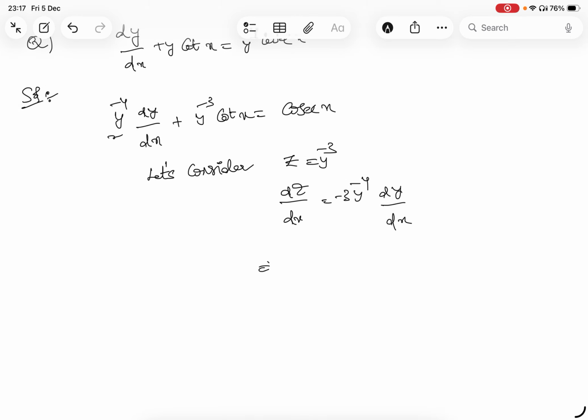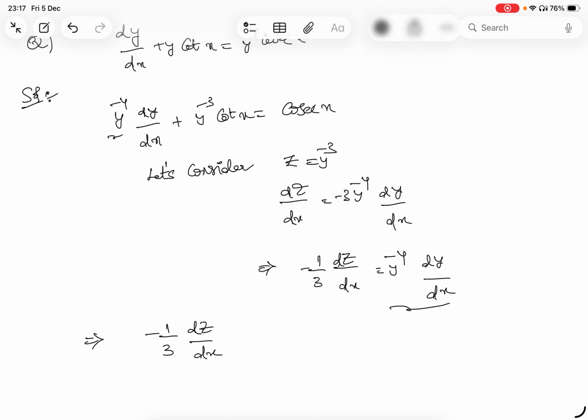That is minus 1 by 3 dz by dx equal to y power minus 4 dy by dx. Now let's substitute this y power minus 4 dy by dx in the differential equation, which is minus 1 by 3 dz by dx plus y power minus 3, which is z, into cot x equal to cosecant x.